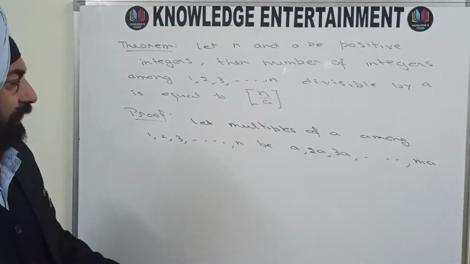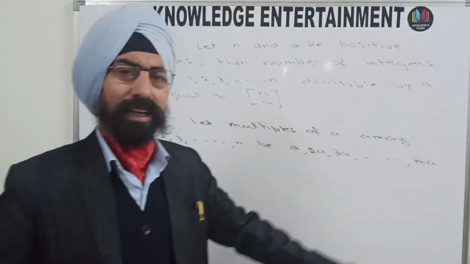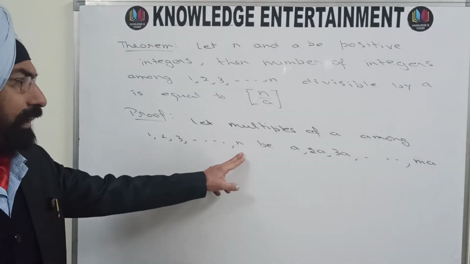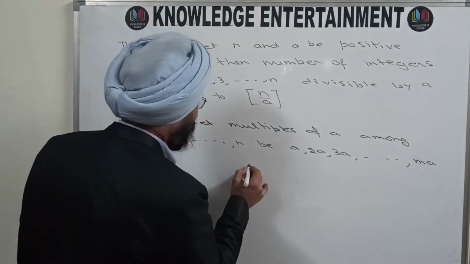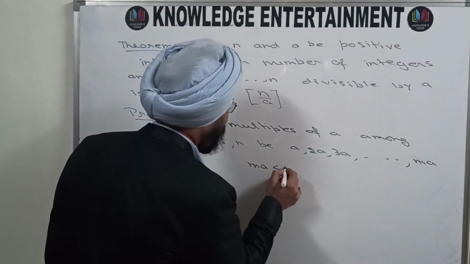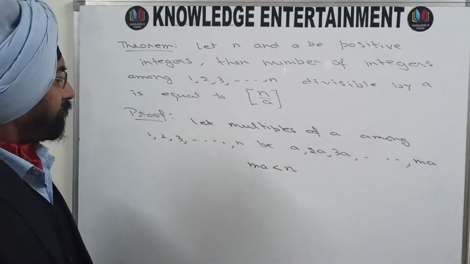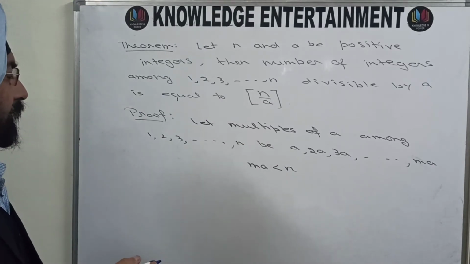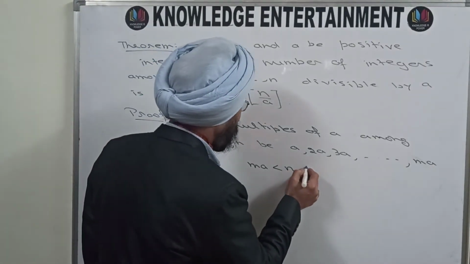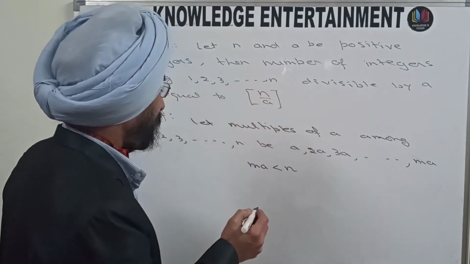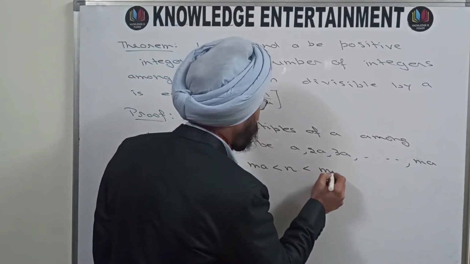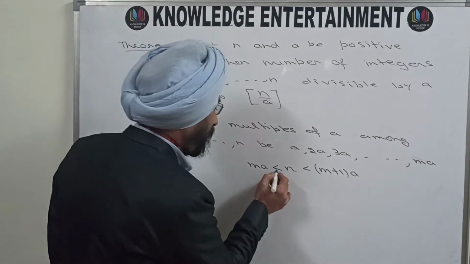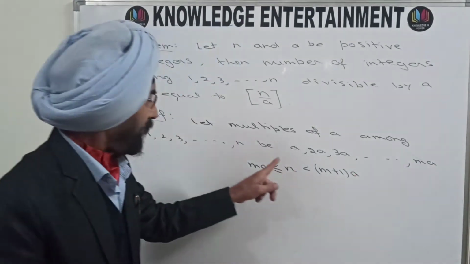So one thing is clear, that the largest multiple of a here, ma, is definitely less than or equal to n. So ma is less than or equal to n, and on the other side n is less than m plus 1 times a, and it may be equal to, because this ma may be equal to n.